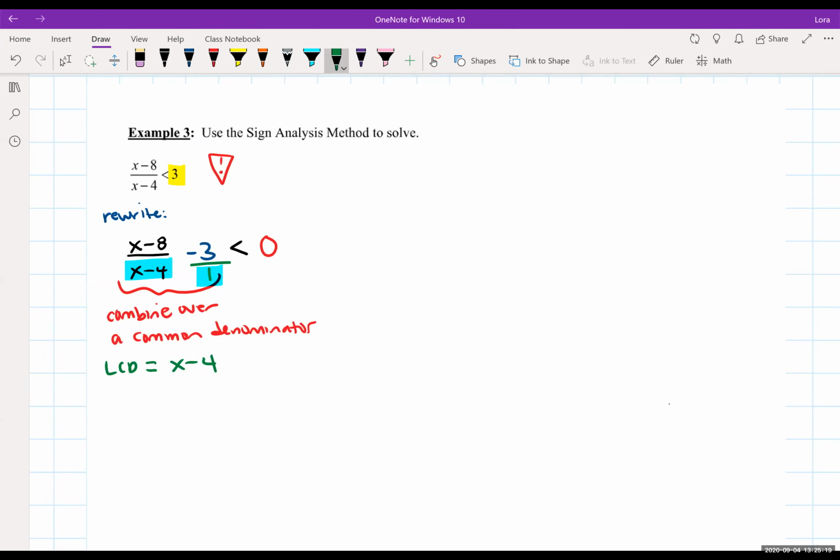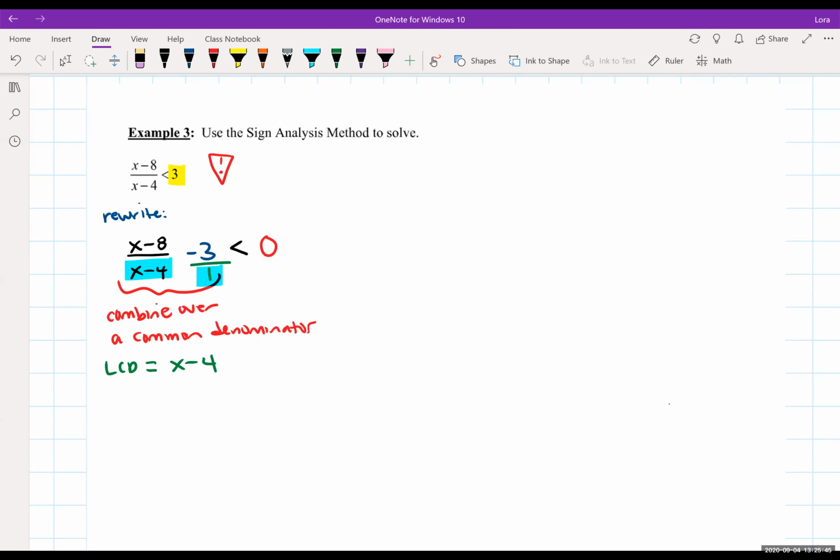So remember, with inequalities, we're not allowed to multiply through to clear out any fractions. There's an issue with the inequality symbol. We don't know which direction it should face, depending on what sign of the denominator or the LCD we would have. And because we have an x, we're not clear whether or not that x is going to give us a positive or negative denominator because we don't know what the value of x is.